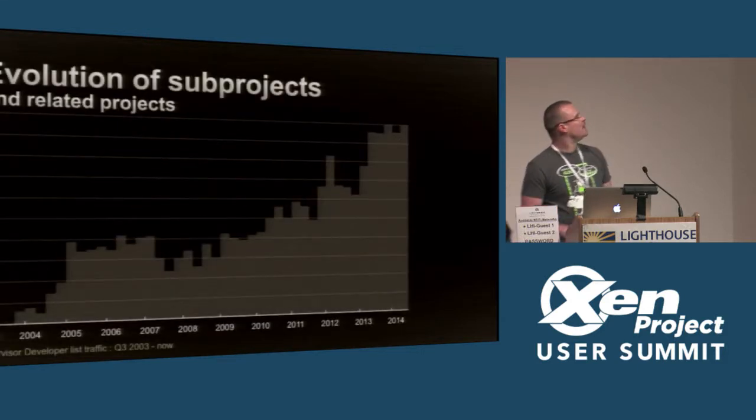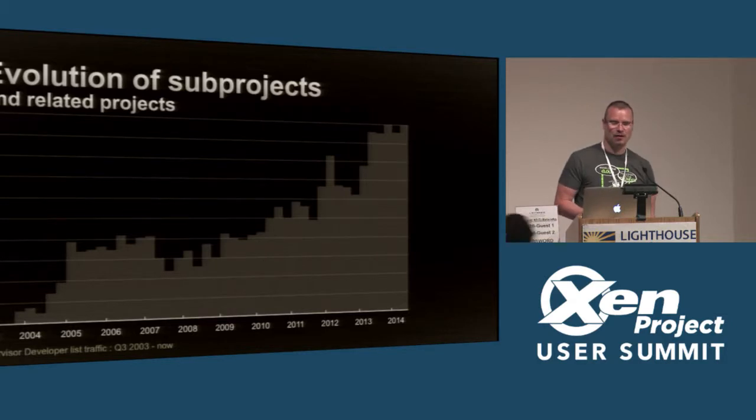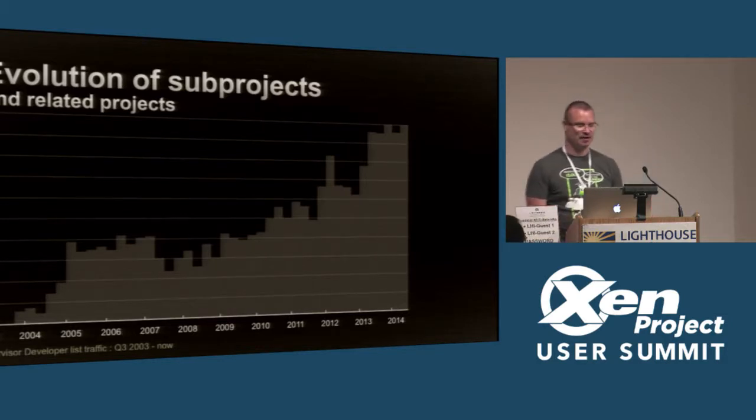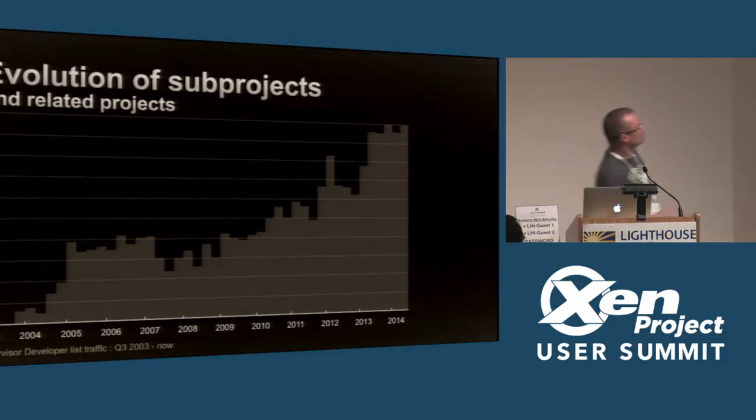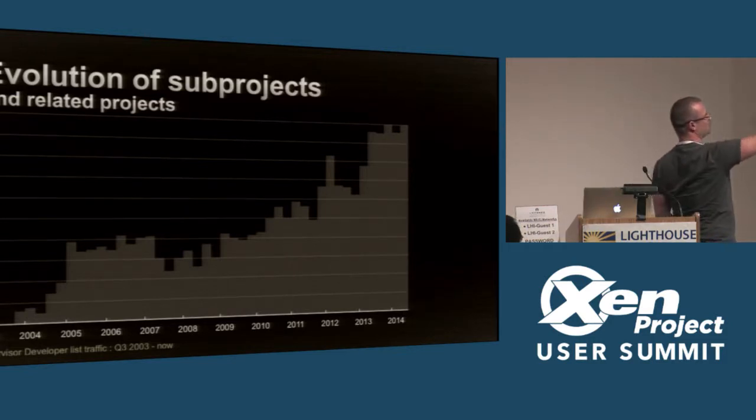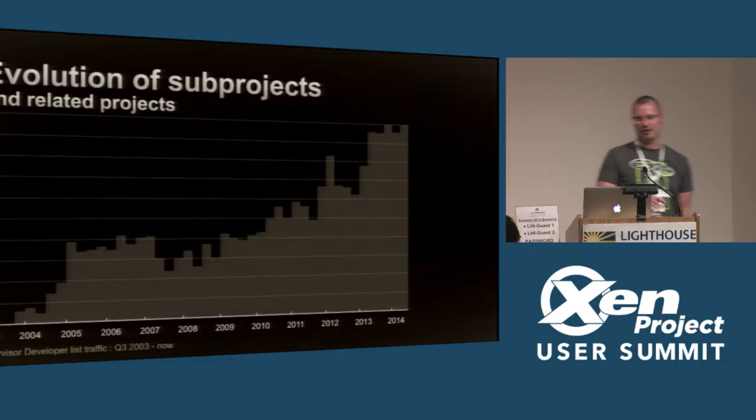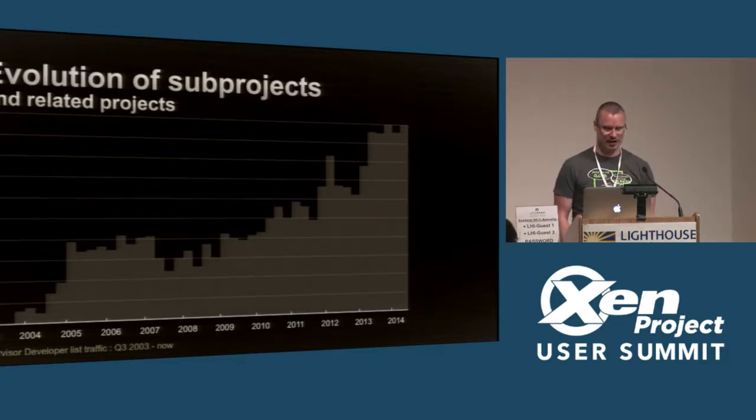So we have this idea, or this concept, of sub-projects within a Xen project. And what I'm doing here is, this graph on the right is showing you the mailing list traffic, the conversations which happen on the hypervisor developer list. I originally wanted to put it together for all the sub-projects, but it was too hard.